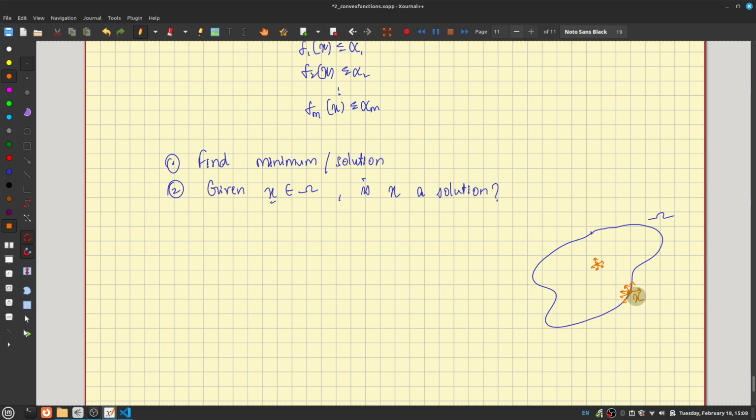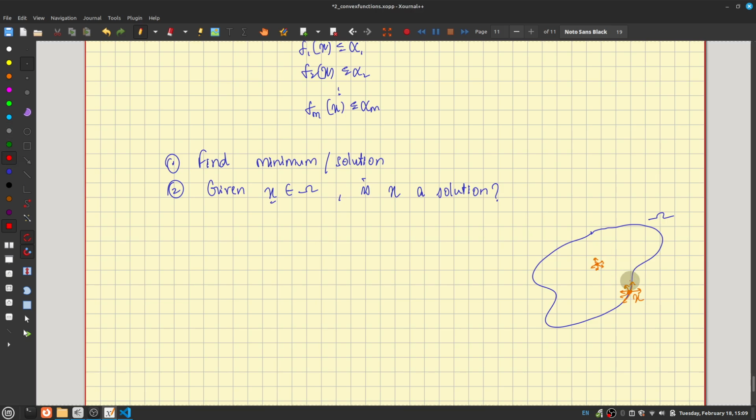So the point that you need to keep in mind is that given any constraint optimization problem, the optimum value could be within the interior of omega, or it could also be a boundary point. And it is really the boundary points which are tricky. That is what you need to be most careful about. All right.